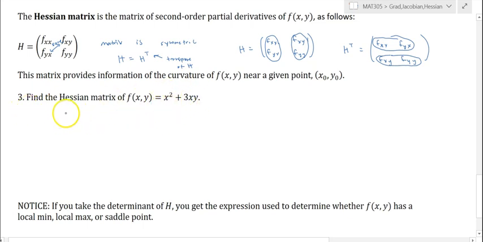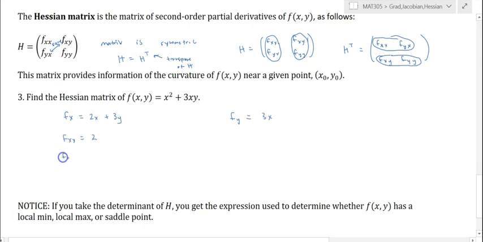Okay, let's find the Hessian of one function here. So we already have that fx is 2x plus 3y. Fy is 3x. So let's go ahead and take the derivative of fx with respect to x, which will just give us 2.